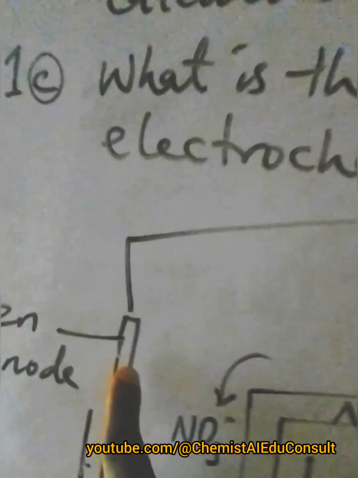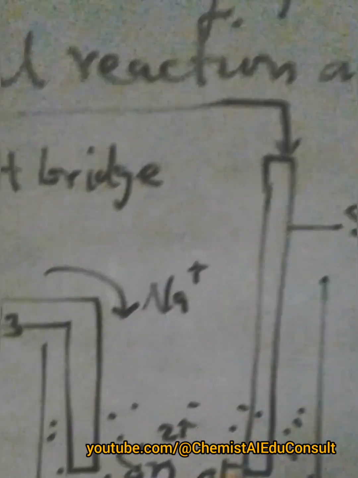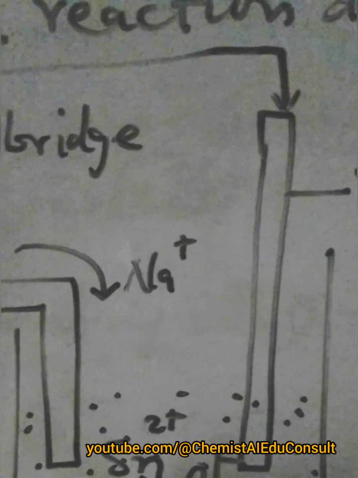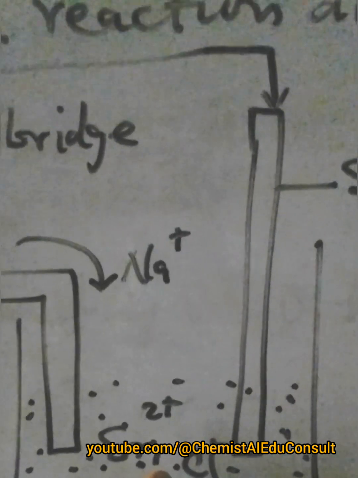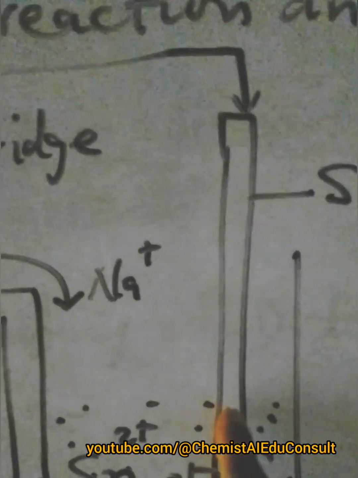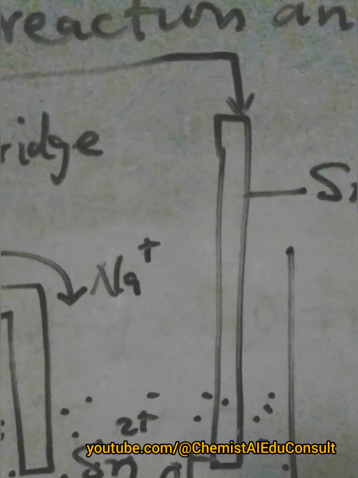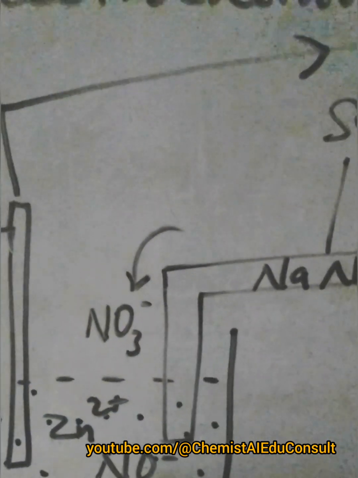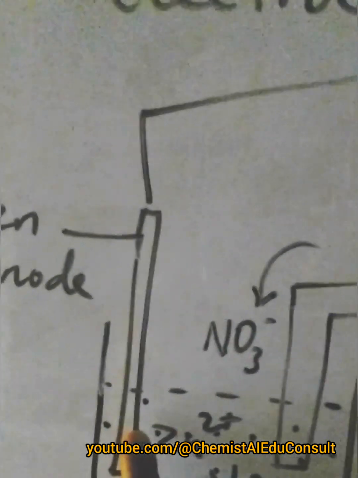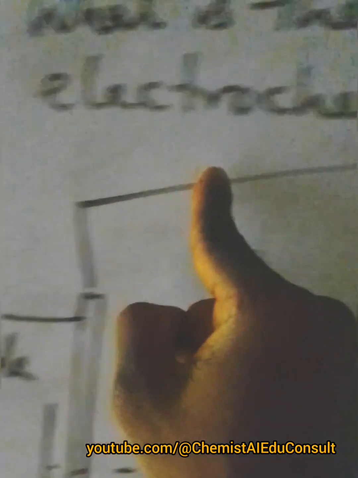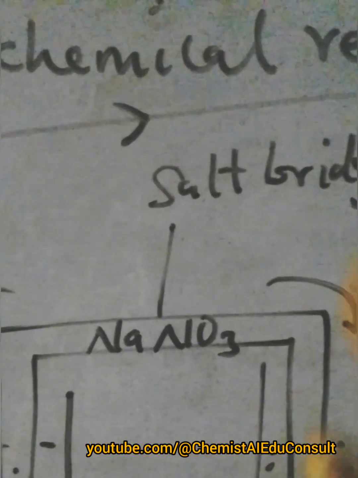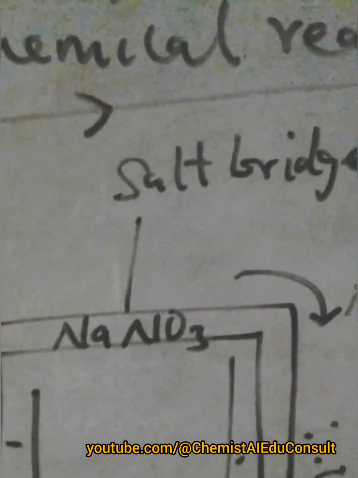That is why electrons move from anode to the cathode. Reduction takes place where tin 2 ion migrates to the tin cathode to accept electrons, while the nitrate ion migrates to donate electrons. The electrons donated at the anode flow through the wire to the cathode, and that is what drives the electricity in this voltaic cell.